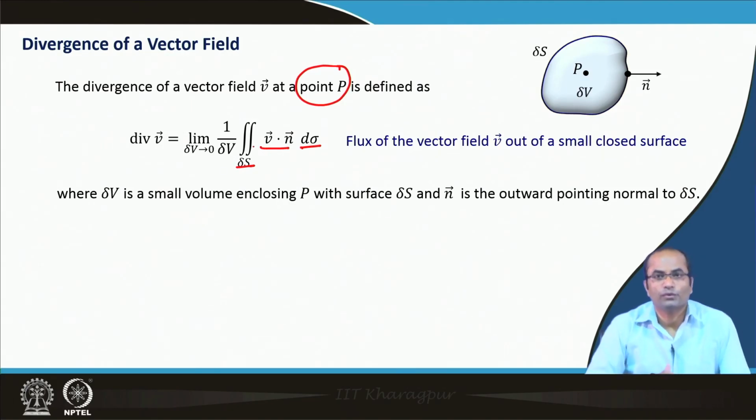So, V, the component of this vector field in the direction of the normal, and then we are integrating over the surface and then dividing by the total volume, taking the limit.